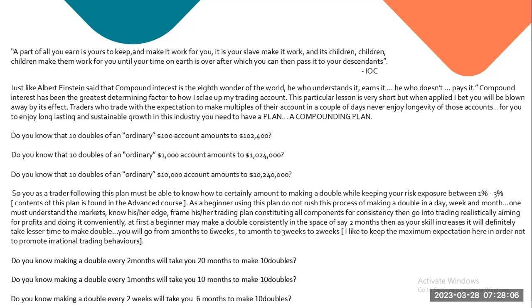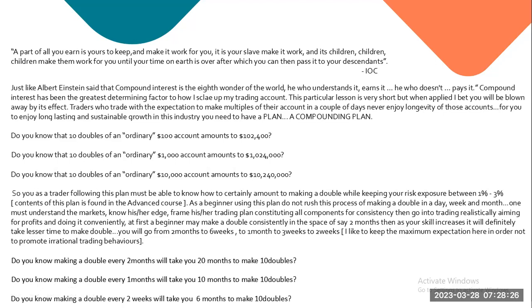So you build that minimum. I want to say you should keep it for minimum 6 months without touching it. So you make sure that a part of all you earn, any money you have, is being put into the account, and you trade it up, looking to make a double conveniently at a pace that is easy for you.